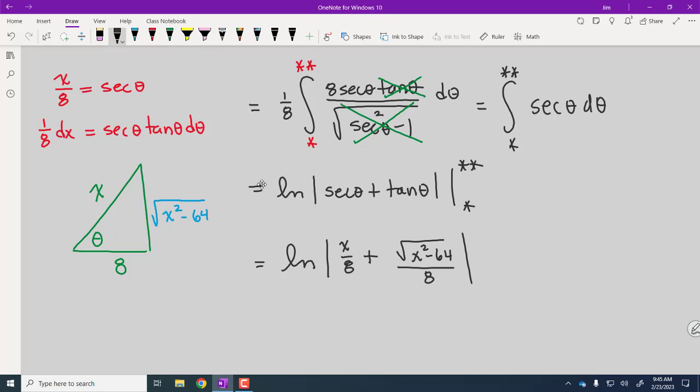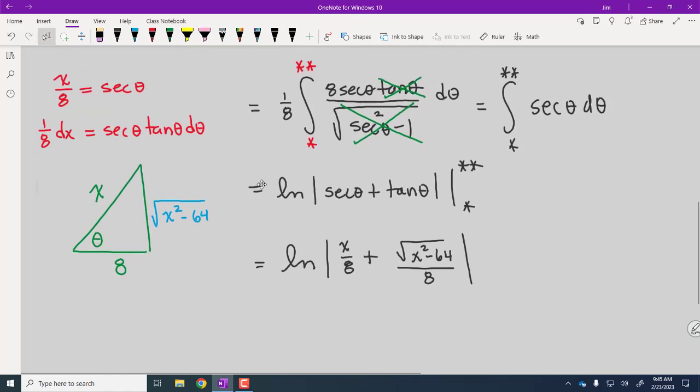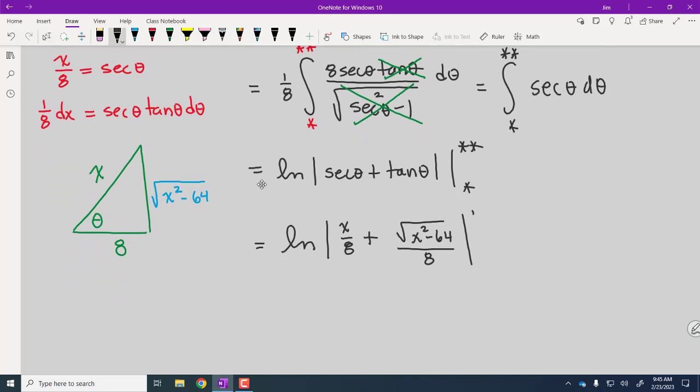Now we're back in the x domain. So our limits of integration, we can jump back to x limits. So 8 root 2 and 16. Those will return, after a little detour into the theta domain.